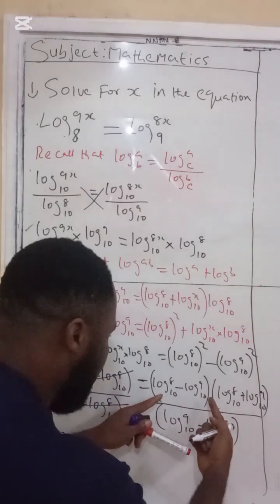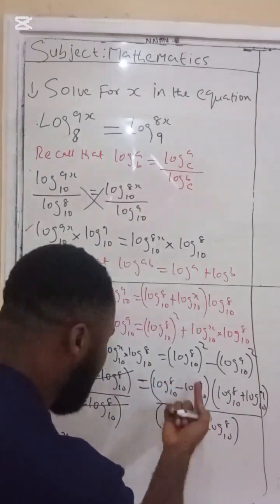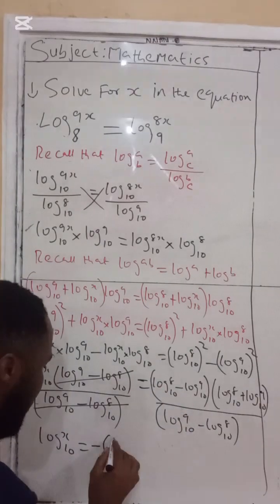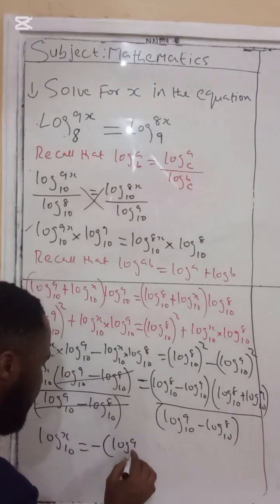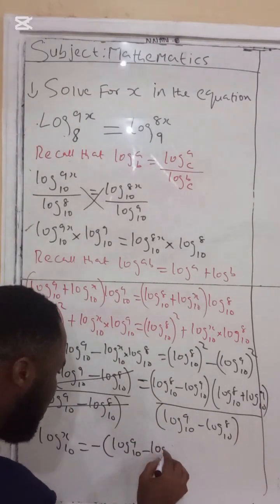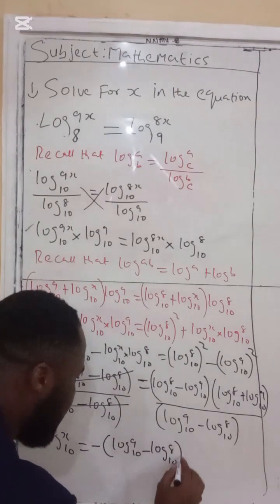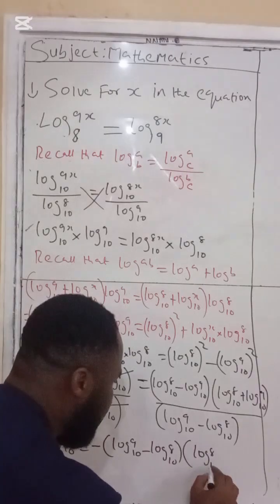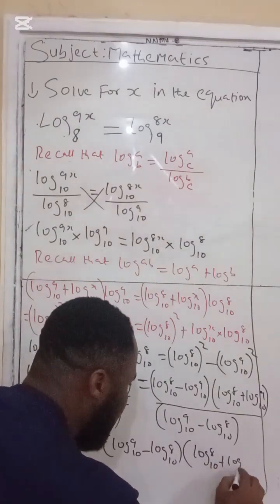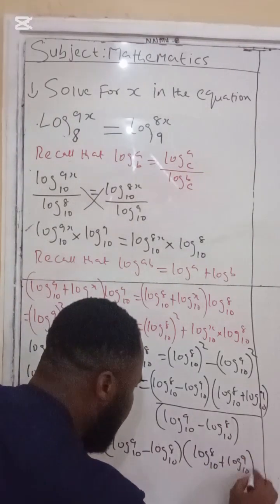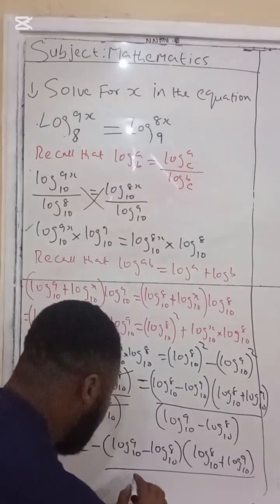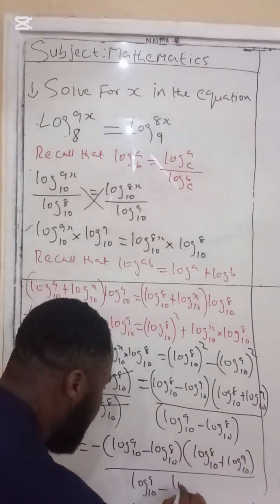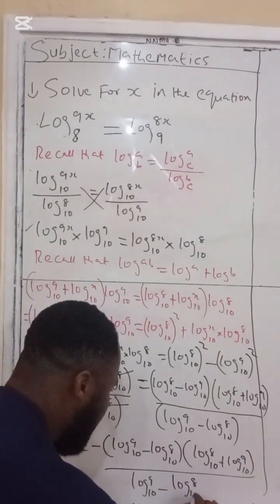Now let us transform this to look like this. When we transform it, we're going to factor out minus here. Minus will come out. So we're going to have log 9 base 10 minus log 8 base 10, multiplied by log 8 base 10 plus log 9 base 10, all over log 9 base 10 minus log 8 base 10.